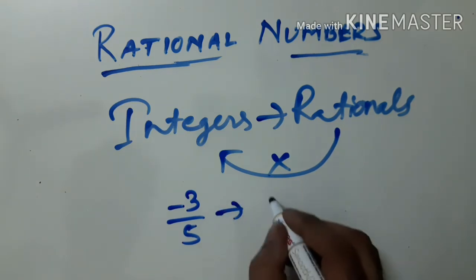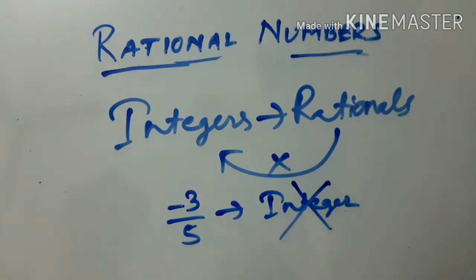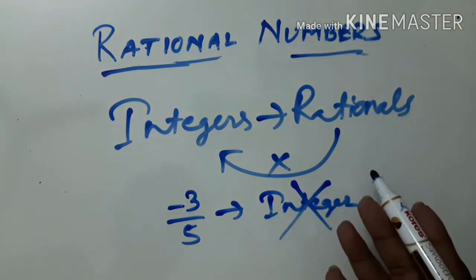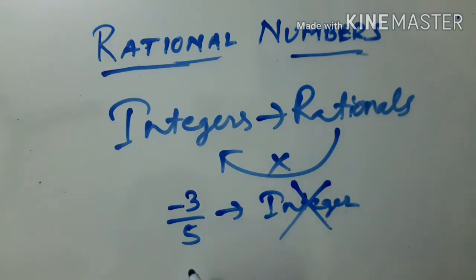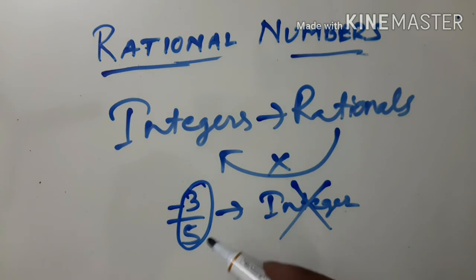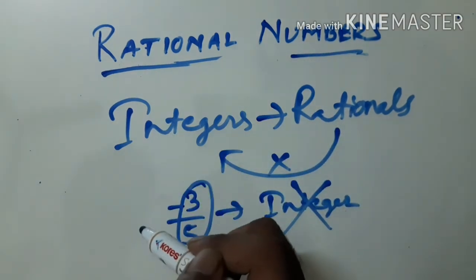Can I say minus 3 by 5 is an integer? Not at all. An integer should be a positive natural number or a negative of a natural number. But 3 by 5 is not a natural number and is not the negative of a natural number. So integers can be called rationals, but rationals cannot be called integers.